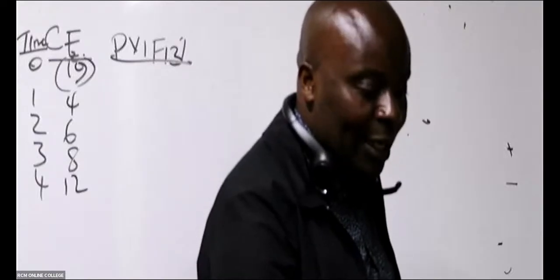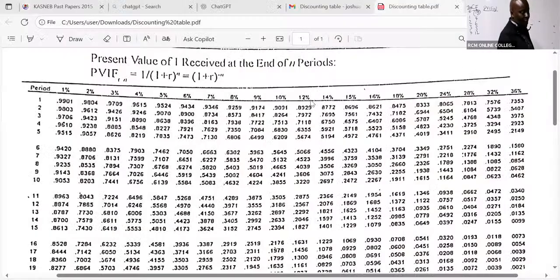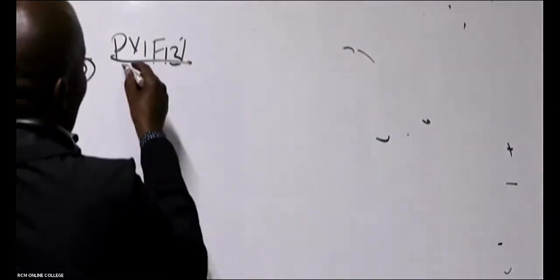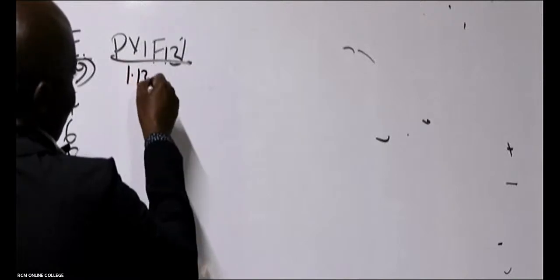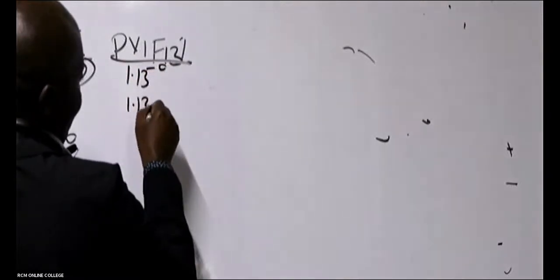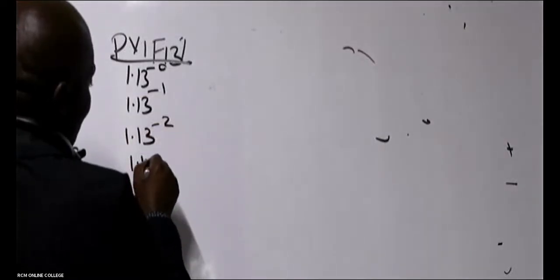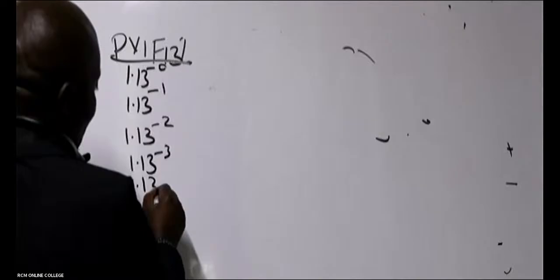If it has, it's a hooray moment for us. Oh, it doesn't have. You can see 12, 14. Not a worry at all. I'll be able to get everything because I know the formula. So this will be 1.13 raised to negative 0, 1.13 raised to negative 1, 1.13 raised to negative 2, 1.13 raised to negative 3, 1.13 raised to negative 4.